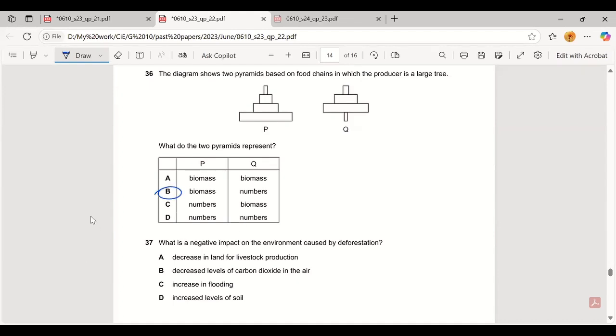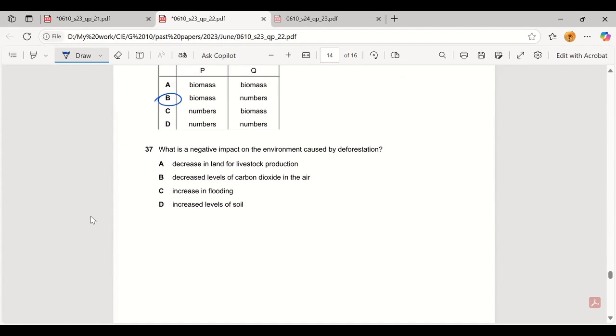Yes, B. What's a negative impact on the environment caused by deforestation, Maram? C. Yes.